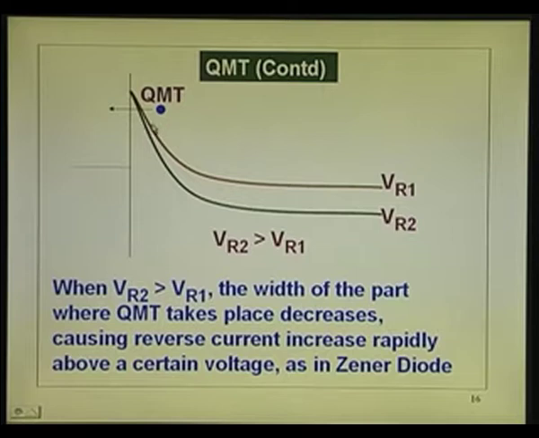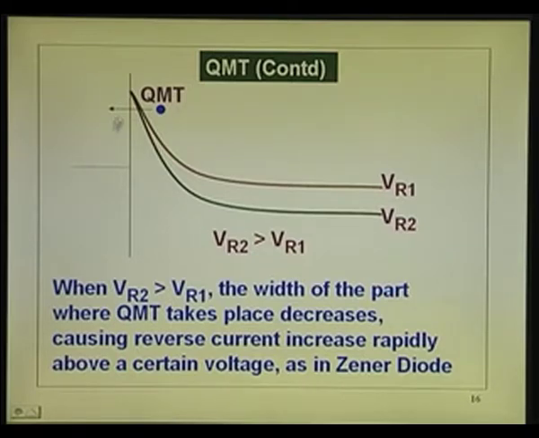Between these two curves, this is at thermal equilibrium or forward bias, whereas the second curve is at reverse bias. When the reverse bias is there, the width of the barrier becomes smaller. The chance of tunneling is more if there is more reverse bias, or if the peak electric field is more.